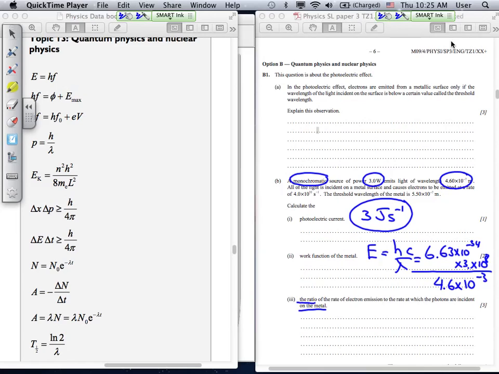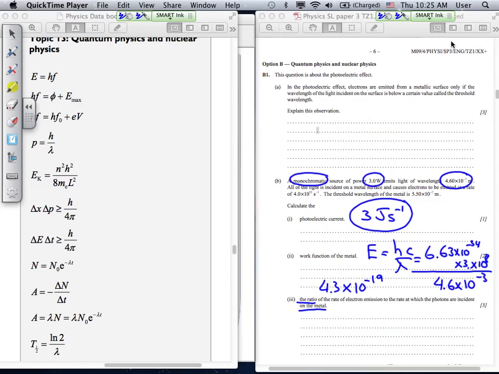When we do that, we get about 4.3 times 10 to the negative 19.